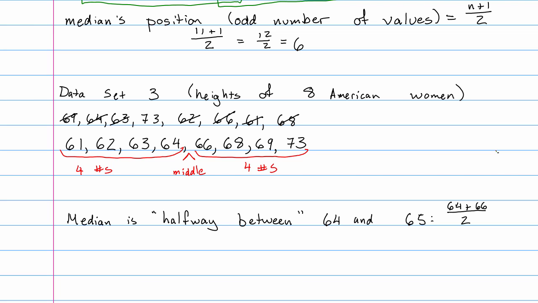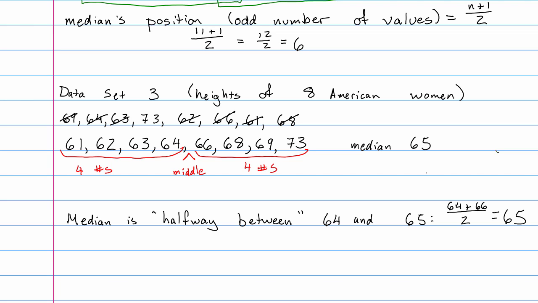If we want to find the point that's halfway between those two numbers, we can add them together and divide by 2. But it's also pretty easy to see, just thinking about the number line, that 65 is the number halfway between 64 and 66. So the median here is 65, which isn't even a number on the list, but that's okay.